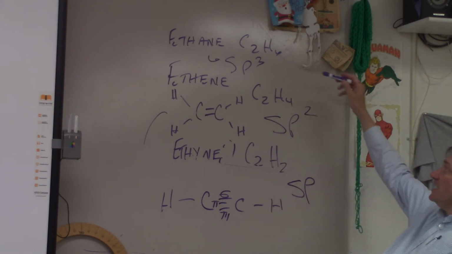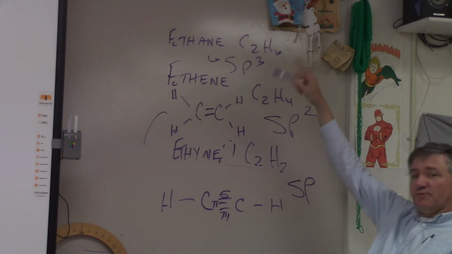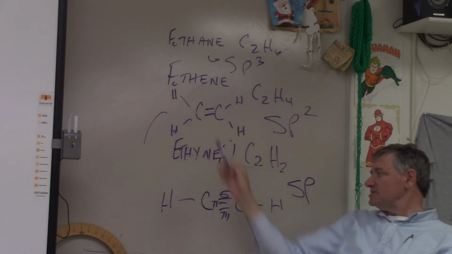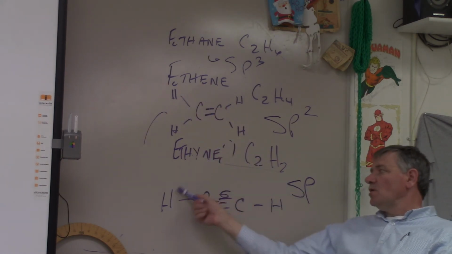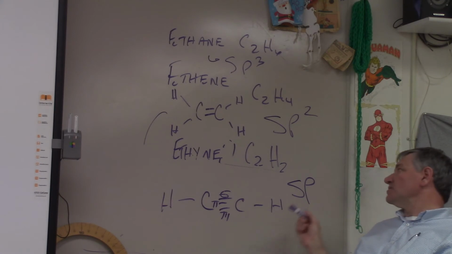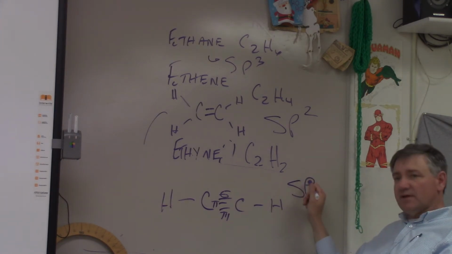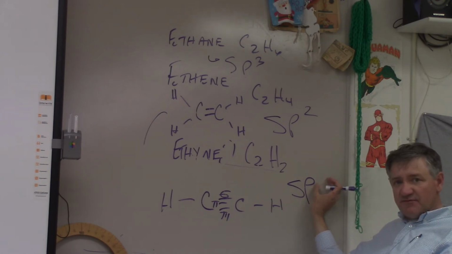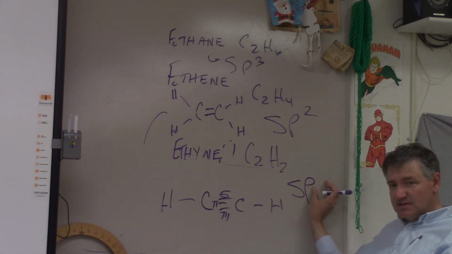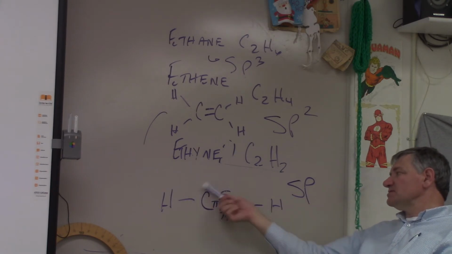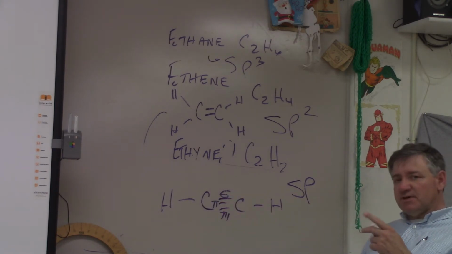I went from sp3, where I had 4 regions, to sp2, where I had 3 regions, and now I have sp, where I have 2 regions. Remember, when you're adding them up, there's always a 1 that goes with the s. So here's the common mistake. Everybody goes, oh, there's 2 regions of high electron density, that should be sp2 hybridization.